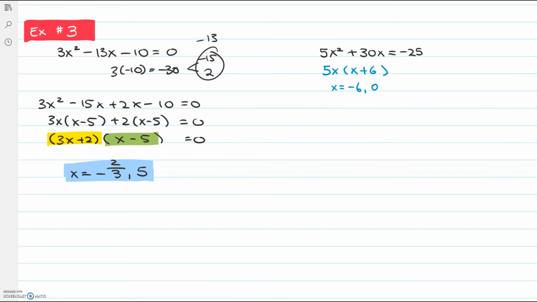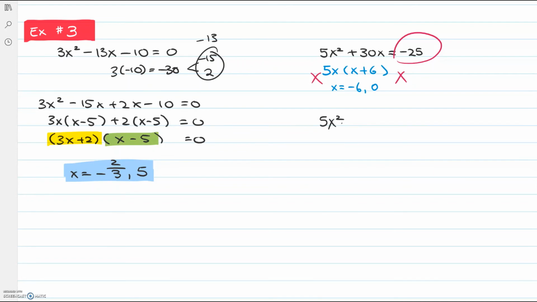Okay, so this right here is a common mistake, because oftentimes when our last term is put on the other side of the equal sign, we forget that this is not the same as being equal to 0. I'm going to leave that up here to remind us not to make that kind of mistake, and we have to reorganize our equation first.